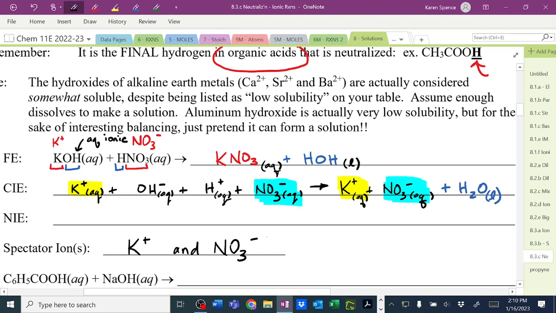So our net ionic equation, you can write OH minus plus H plus. I would find that weird to do because to me, the hydrogen always goes at the beginning. Like my cation, I like to have my cation first. So I'm going to swap it around, but it's okay if you don't.